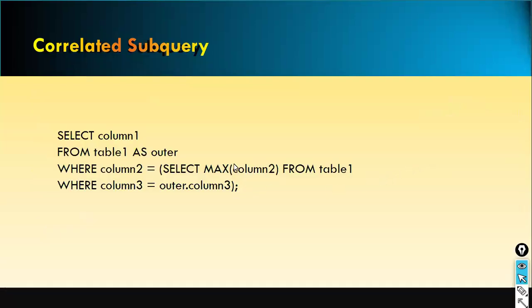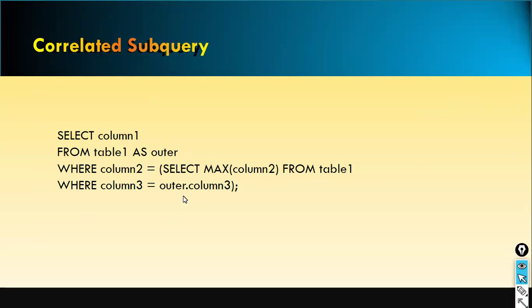So in this case, the outer query is this one, as outer. And the where clause I have used is the subquery. In the subquery: select master column from table 1 where column 3 is equal to outer dot column 3, or something like that.